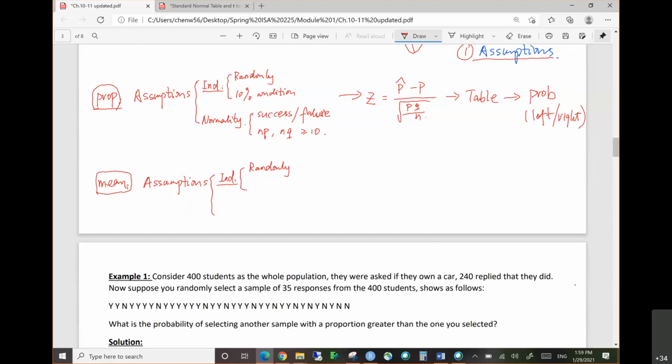Is it the same as the proportion? Right, so it would be another 10% condition. Okay, so now for the normality assumption, let's say Parker, what do we need to check for the normality assumption if we care about the mean instead of proportion?